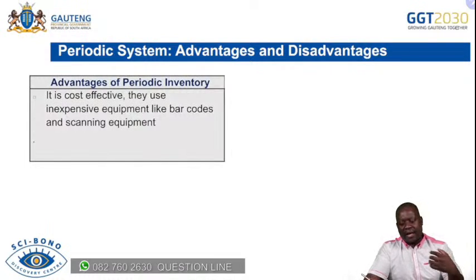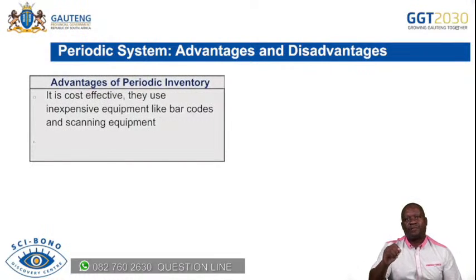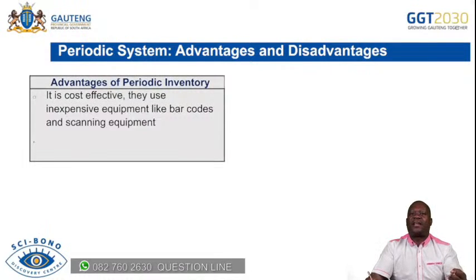Now, what are the disadvantages of this same method? Control of stock is not very effective. Think of a business where we have our stock items in our storerooms, in our warehouses, in our shops for the whole year without knowing exactly what we have there. We wait until the end of the year and then go and physically count.